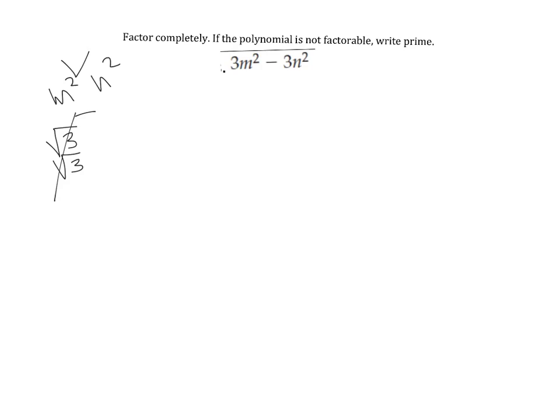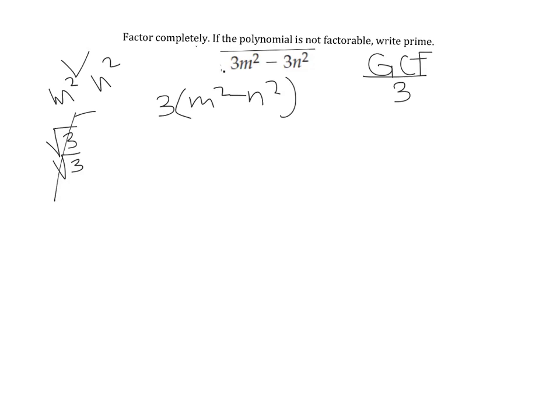But before we say the word prime, we should always say GCF. It looks like they both have a 3 in common, so we can factor that out. When I divide 3m squared by 3, I get m squared. When I divide negative 3n squared, I get negative n squared.